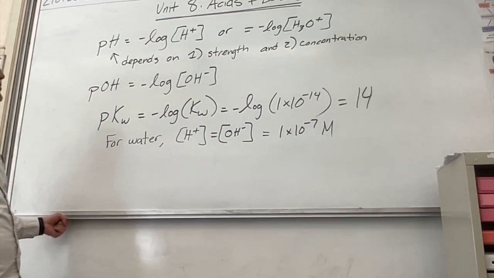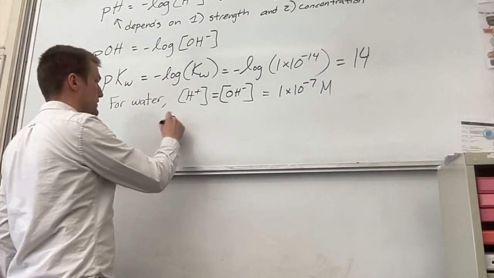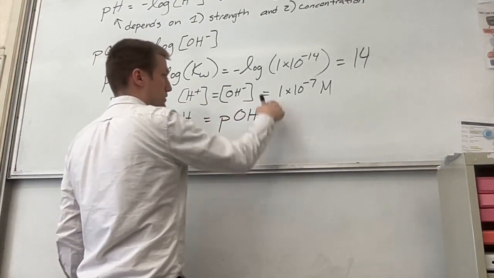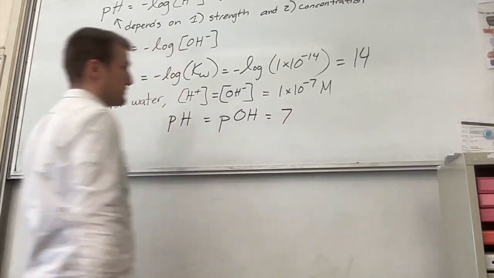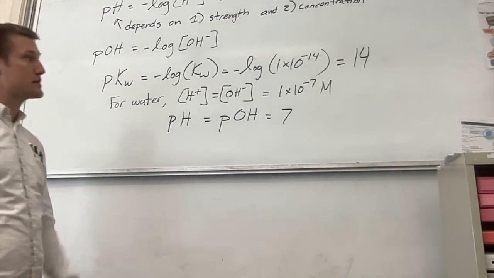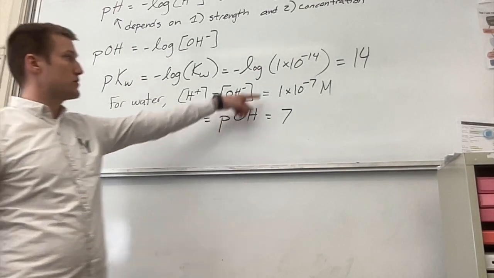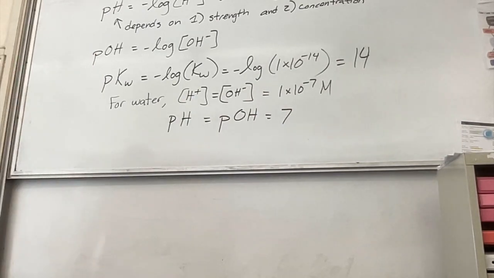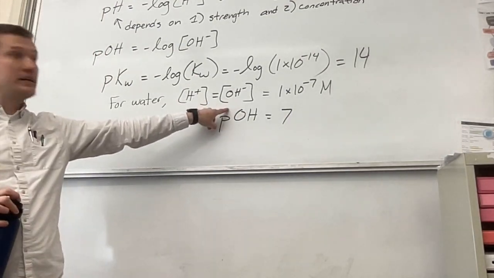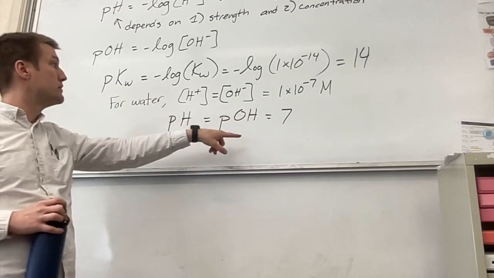If you slap a p on there, pH and pOH are the p of this, which is positive 7 for water. But that's only when it's at 25 degrees Celsius. Other times, the water constant is different, and so the pH is different, even for pure water. So being neutral is more about this being true than it is about having a pH of 7.